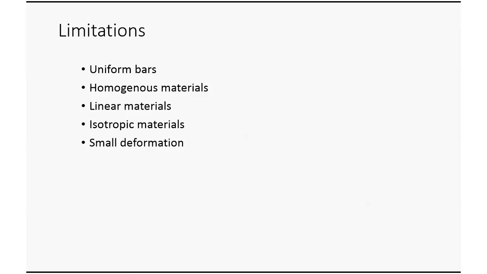Linear material, that's for Hooke's law to be true, right? And also it needs to be isotropic. We're not talking about fiber in one direction, fiber in different directions. So most of the time we talk about isotropic material. Okay, what's isotropic material? It's the same property in all directions, right? Also small deformations, all right?